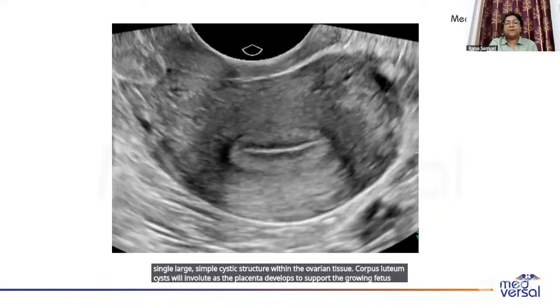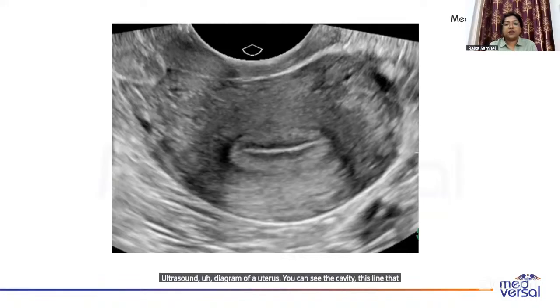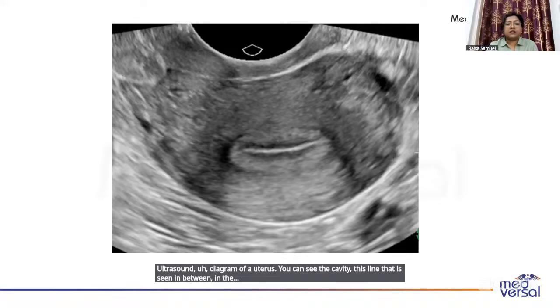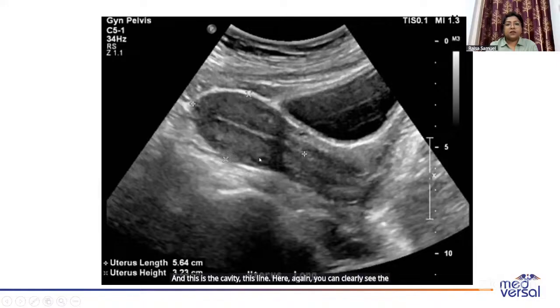So this is the ultrasound diagram of a uterus. You can see the cavity, this line that is seen in between, this is the endometrium, and this is the cavity, this line. Here again you can clearly see the uterus.